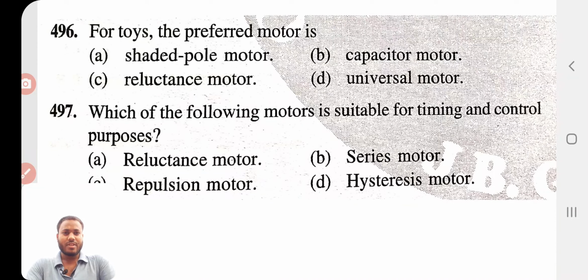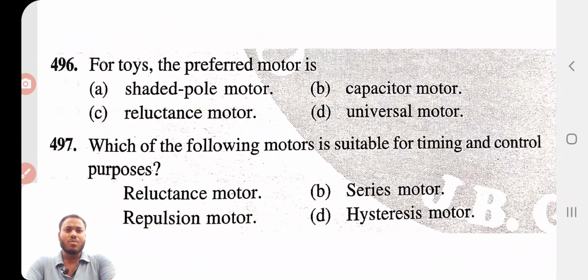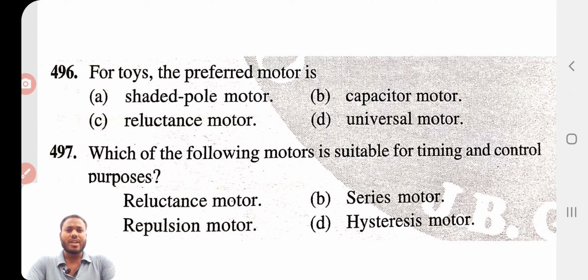See the question. These questions are basically on the utilization of induction motors. The question is, for toys the preferred motor is A, shaded pole motor, B, capacitor run motor, C, reluctance motor, and D, universal motor. So, which kind of motor is used for toys, or baby's toys which are used for the baby?